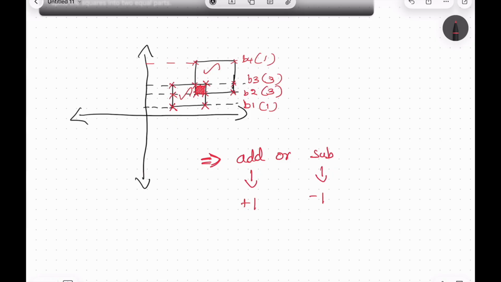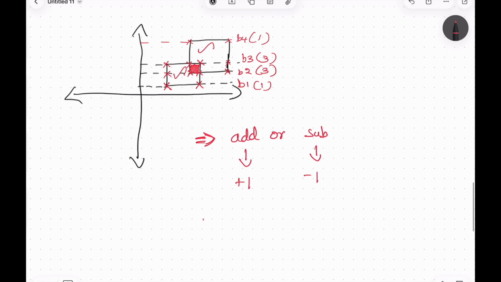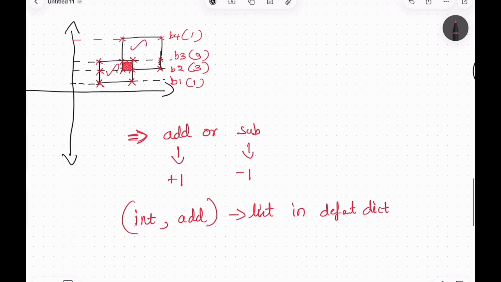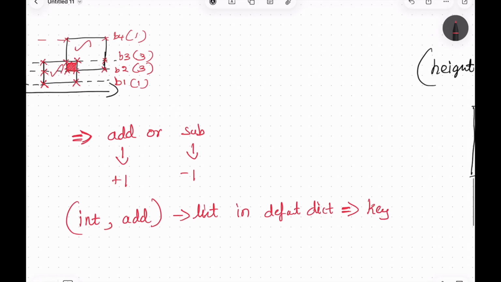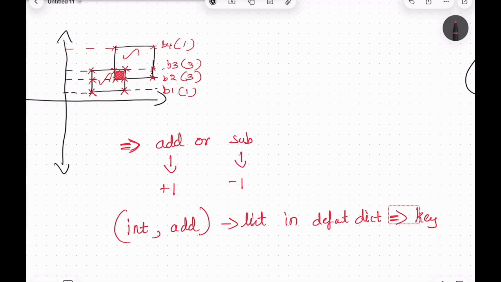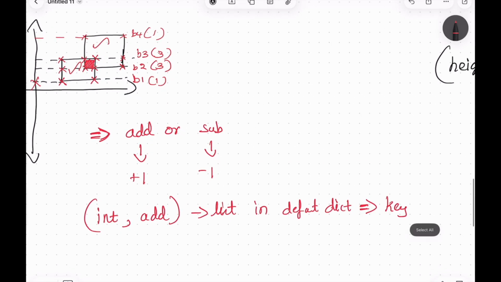So with all these, how do we save them? We have to save these intervals and this add as a list in a defaultdict data structure, and the key for it will be this band, oops, this band, which is the y value, right?